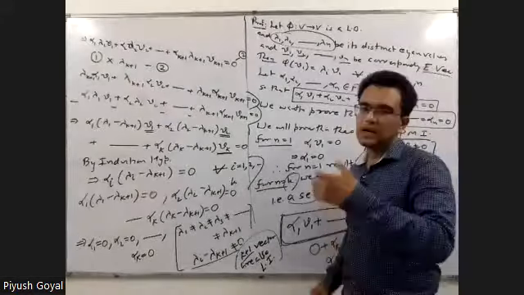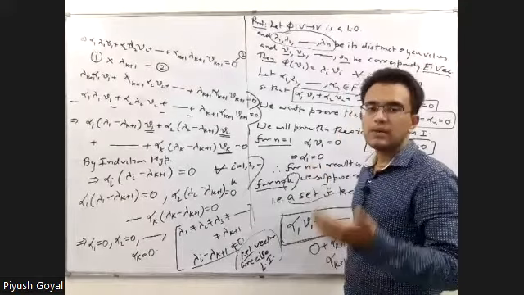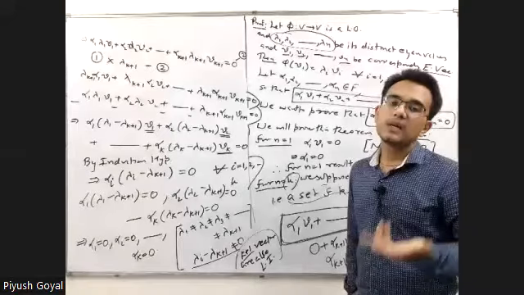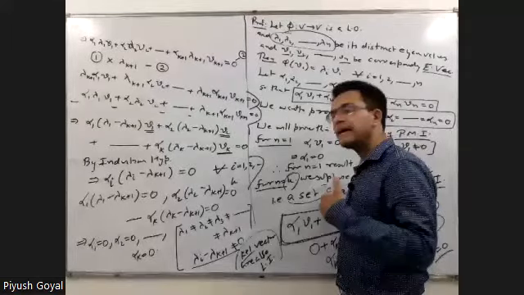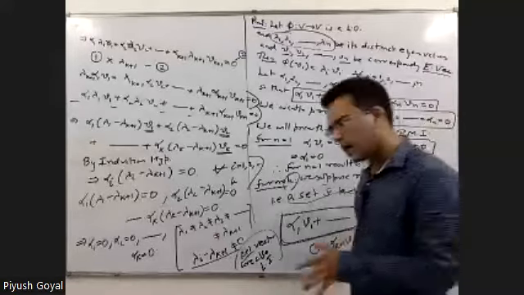So you start with n is equal to 1, then you take n is equal to k plus 1. This is PMI. So you say hence by the principle of mathematical induction, the result is true for all n belonging to natural numbers. I hope it is clear now.